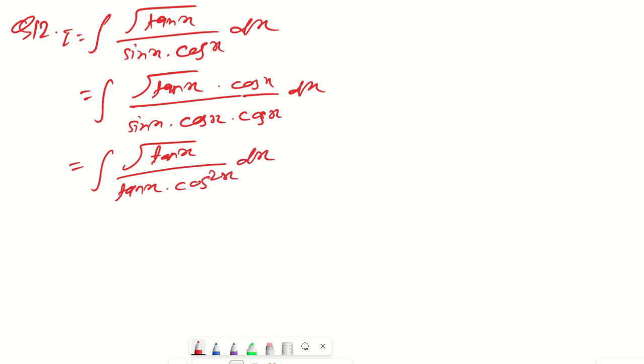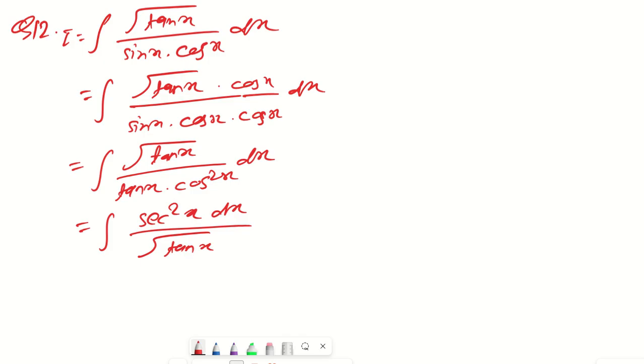Now we are in a position to see this 1 by cos square x will become sec square x, and this square root of tan x will get cut, and it will become 1 by square root of tan x. So our complete integration is going to be looking like this: sec square x dx by square root of tan x. So this is now the simplified form.